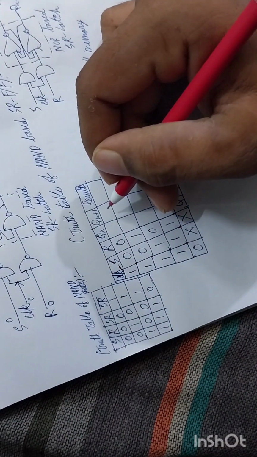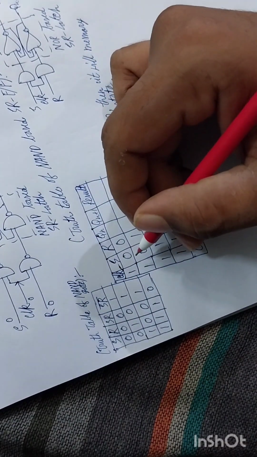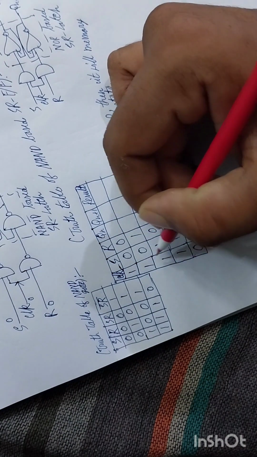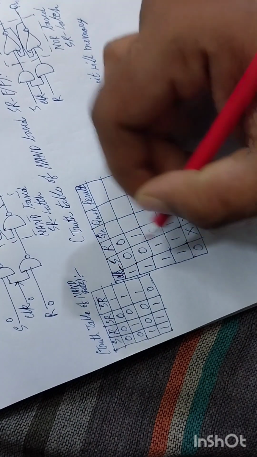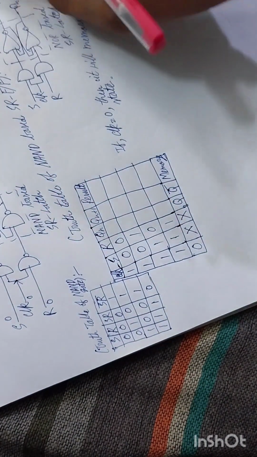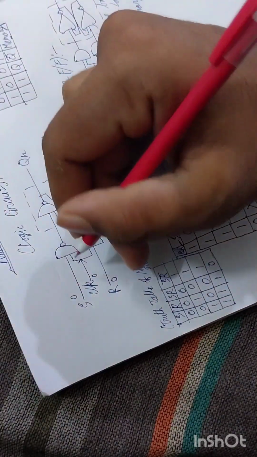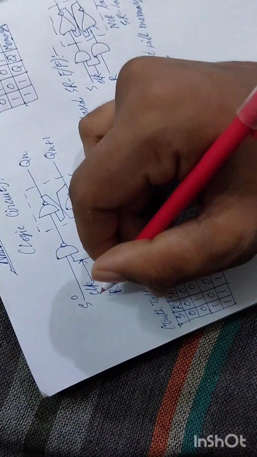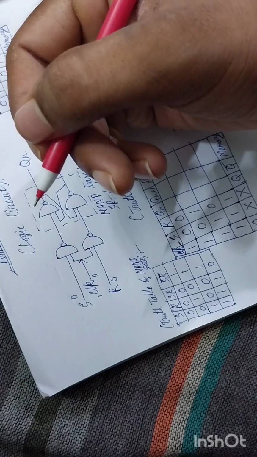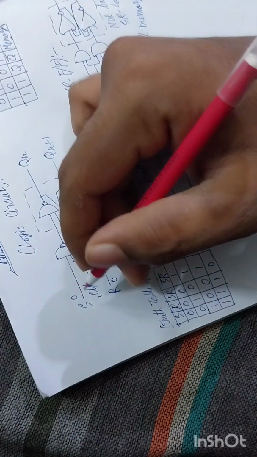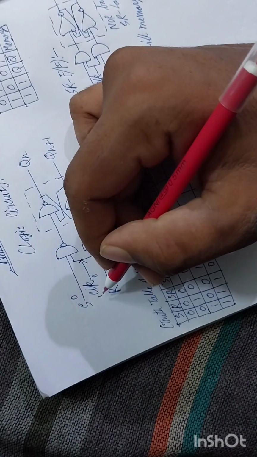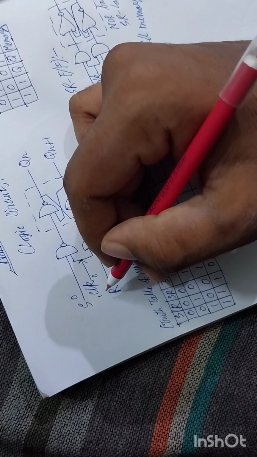I am going to tell you why the clock should be 1, because now the value of clock will be 1 in all the cases. So let's put 1 here. Let's put 1 here. So both the values are 0. S is also 0 and R is also 0.